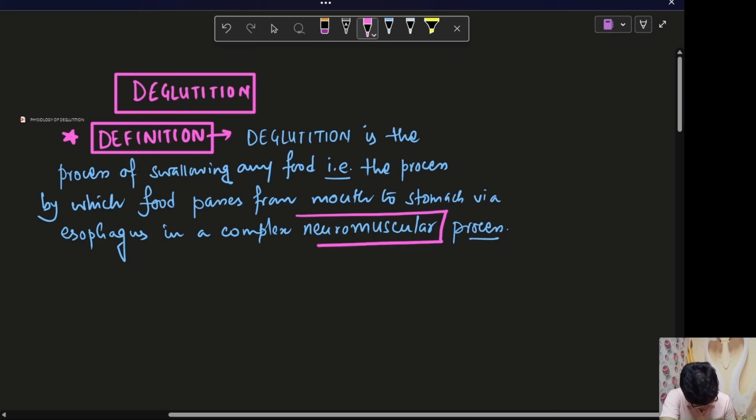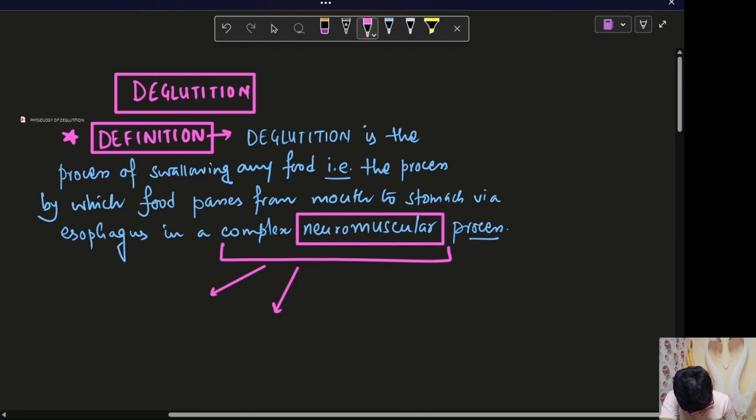So, it is a neuromuscular process, and this complex neuromuscular physiology of deglutition can be divided into mainly three stages, although some books write it as four stages.